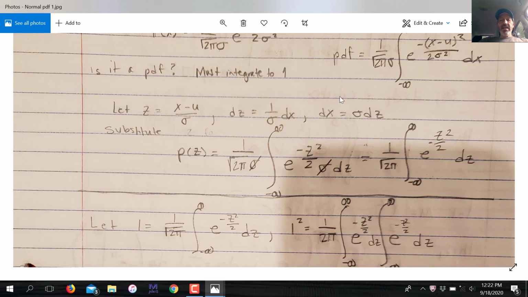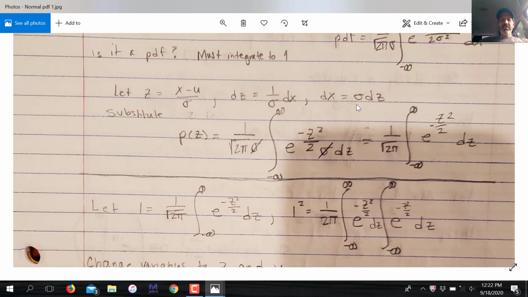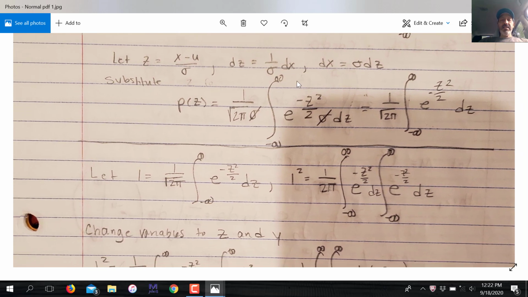We want to isolate dx, so we multiply both sides by sigma, and we end up with dx equal to sigma dz. Now we can replace dx, and replace x minus mu over sigma with z, and what we end up getting is z squared over 2, right?